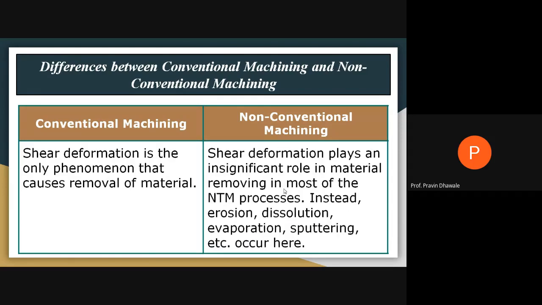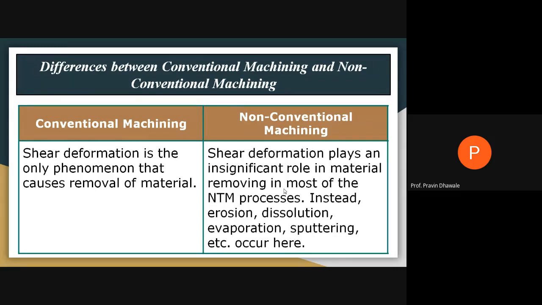Okay, next. This point is related to which phenomenon occurs in order to remove the material from the workpiece. If we are considering the conventional machining process, shear deformation happens, which causes the removal of the material from the workpiece.